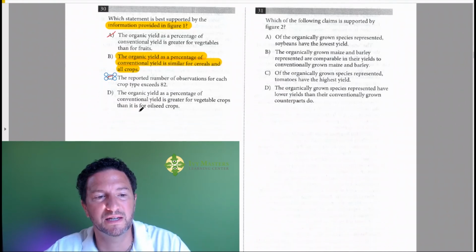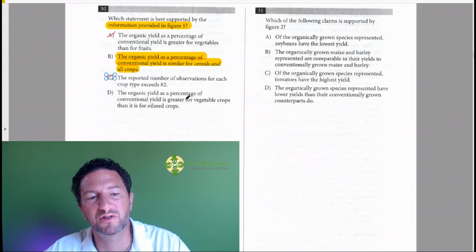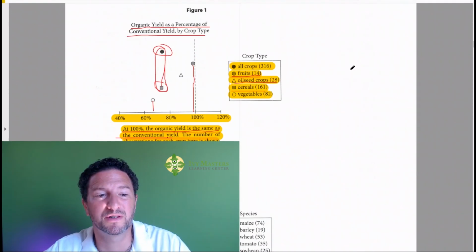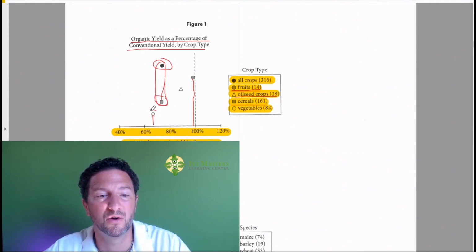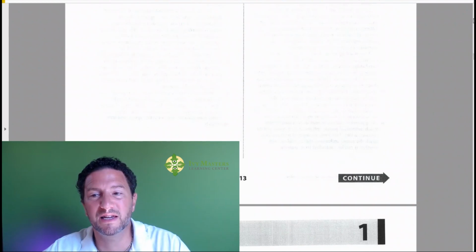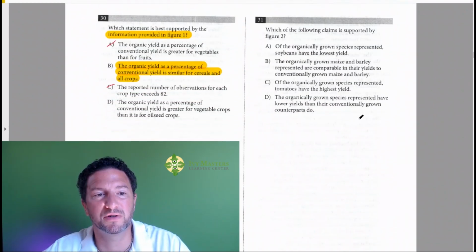Answer choice D. The organic yield as a percentage of conventional yield is greater for vegetable crops than it is for oilseed crops. As we saw below, vegetable crops was the lowest over here around 64. Oilseed crops, triangle, looks like it's around 87 or so. And so that's why answer choice D is wrong. The correct answer here is B.